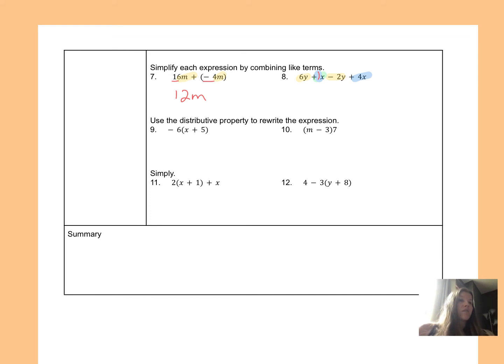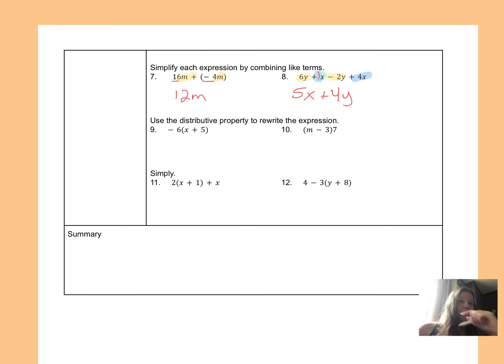I've got a 1x and a 4x makes 5x, because 1 plus 4 is 5. And then the y like terms, 6y minus 2y. 6 minus 2 is a positive 4y. And if you have this the other way around, 4y plus 5x, it's the same thing. But technically, for standard form, we want it to be alphabetical, so x first and then y.